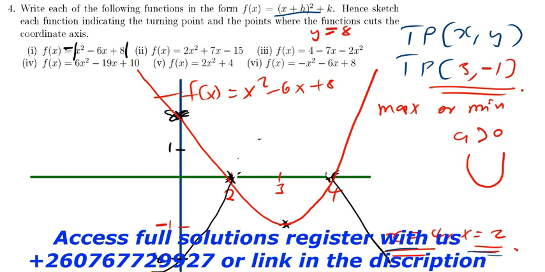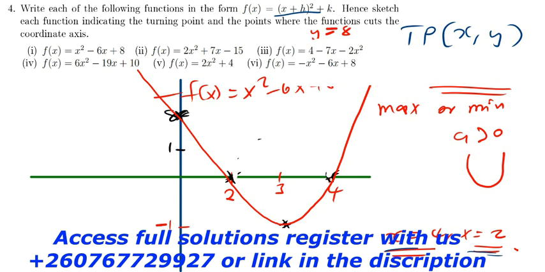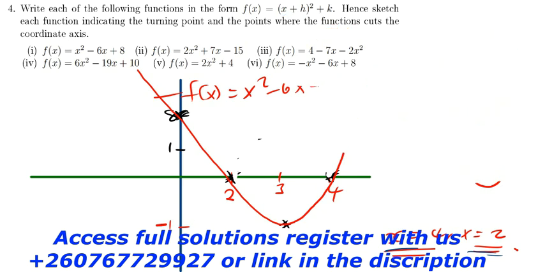Leave this in dotted form if there is a modulus and a negative outside. But for now, this is the graph for the question we are doing right now. I believe you cannot fail to do the rest, but I'm going to do 2 more and leave 3 for you. Okay, so let's go ahead and do the next part.